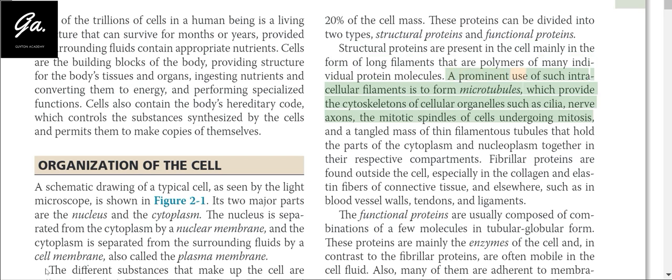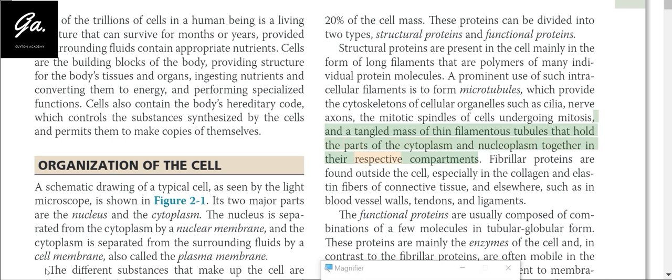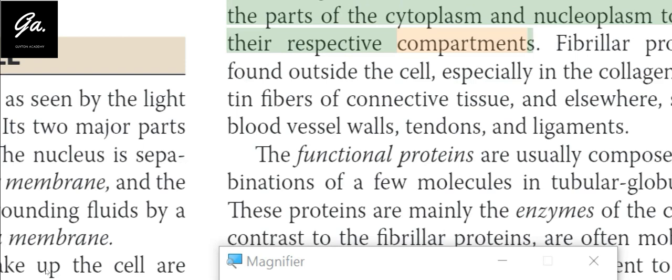A prominent use of such intracellular filaments is to form microtubules, which provide the cytoskeletons of cellular organelles such as cilia, nerve axons, the mitotic spindles of cells undergoing mitosis, and a tangled mass of thin filamentous tubules that hold the parts of the cytoplasm and nucleoplasm together in their respective compartments.